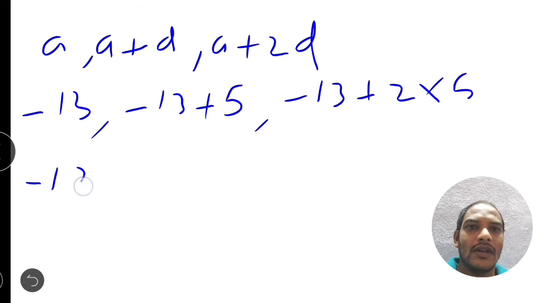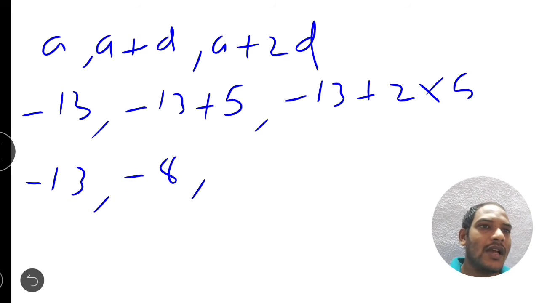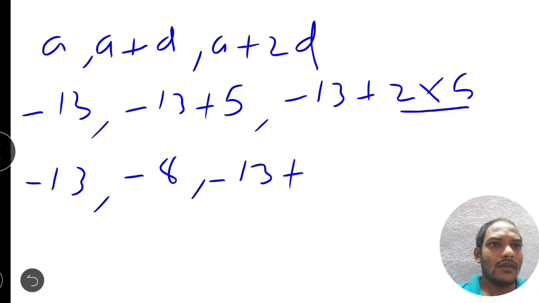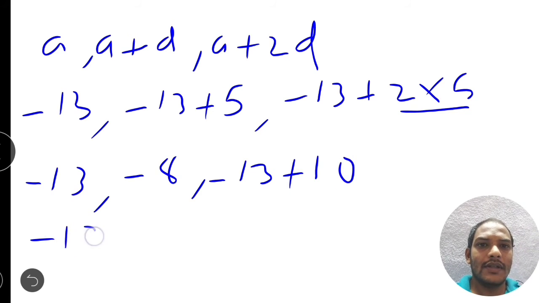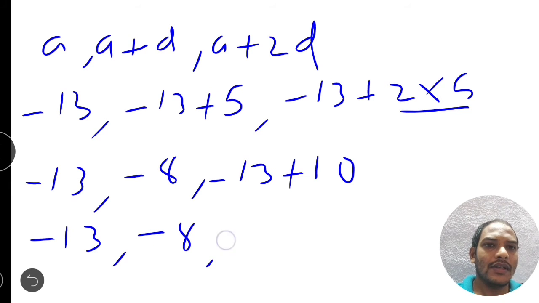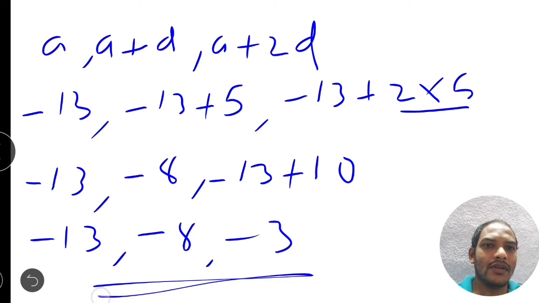The first term is already over. Minus 13 plus 5 is minus 8. As per the BODMAS rule, first you complete the multiplication. So 2 fives are 10. Minus 13 plus 10 is minus 3. So this is our required first three terms of the AP: minus 13, minus 8, minus 3.